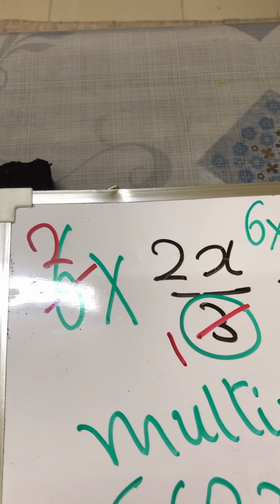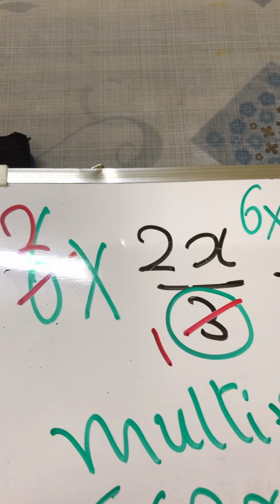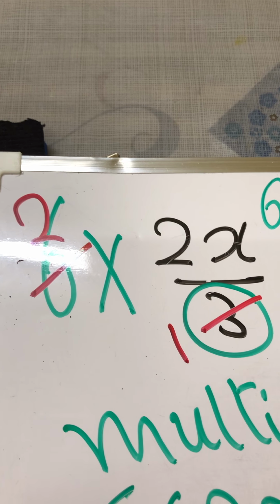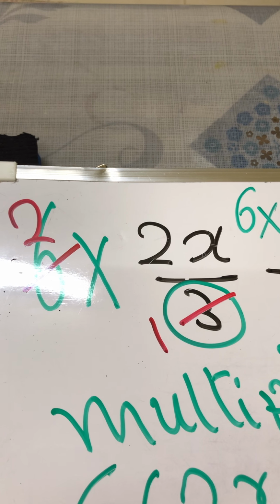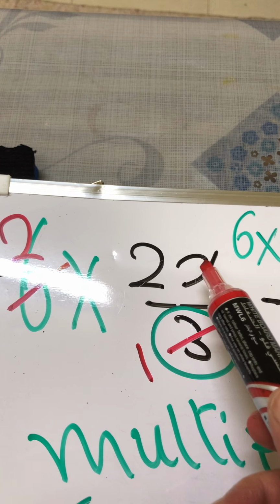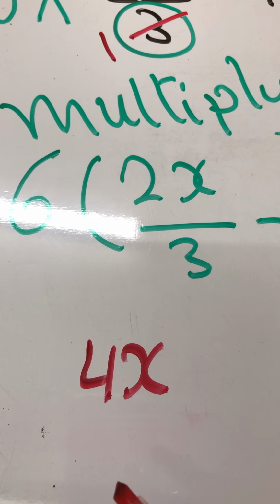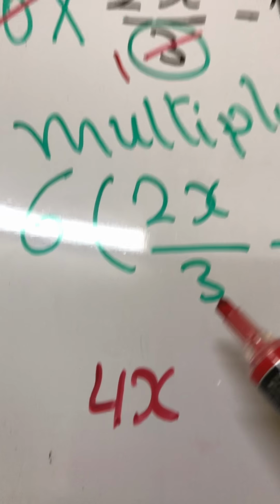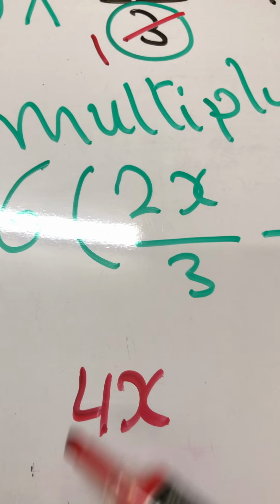I have 2 multiply 2x over 3. 2 times 2 equals 4, x over 1, because I cancelled this 3 with the 6. This is 4x, no need to write over 1.